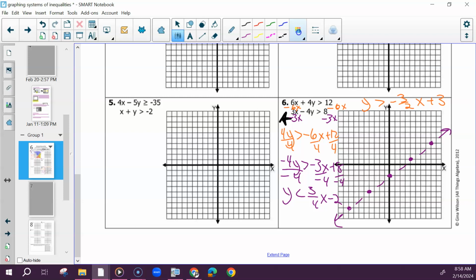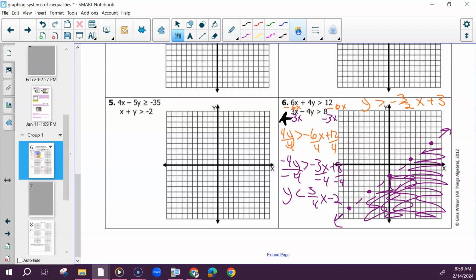What direction are we shading that? If it's less than, look. So that would be underneath.